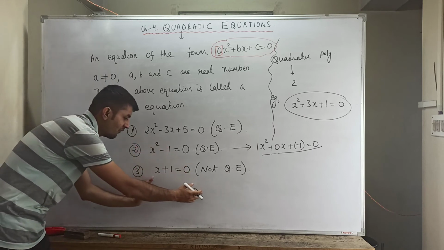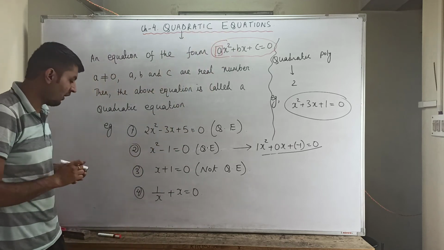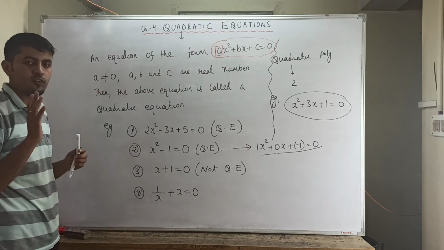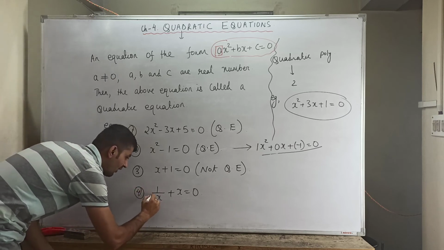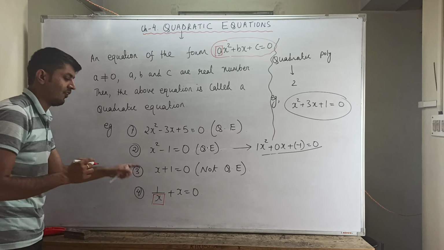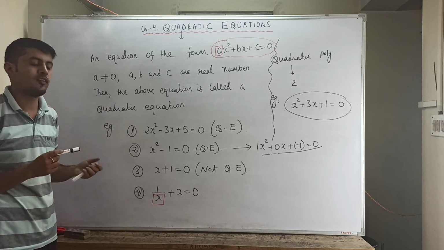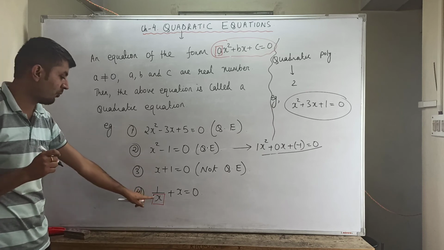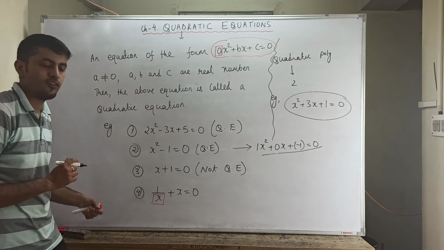Somehow you have to convert this to the general format. To get rid of this x, you multiply by x throughout.